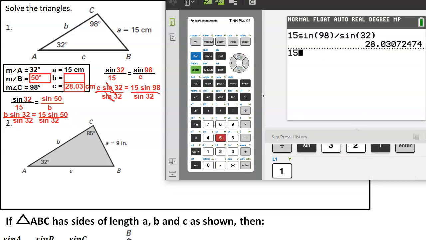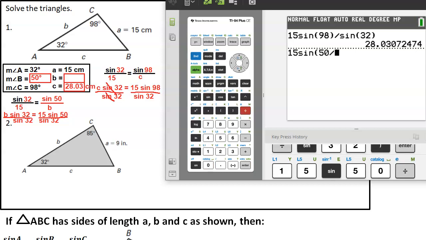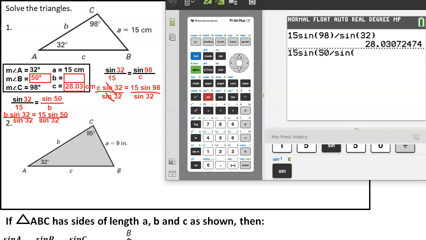And this time we're going to do 15 times the sine of 50 divided by, I just did the thing that you're not allowed to do. Pay close attention here. I didn't actually do this on purpose, but I just want to show it to you. If you look, the calculator created a set of parentheses to type in the angle.